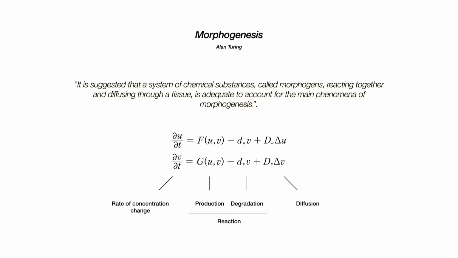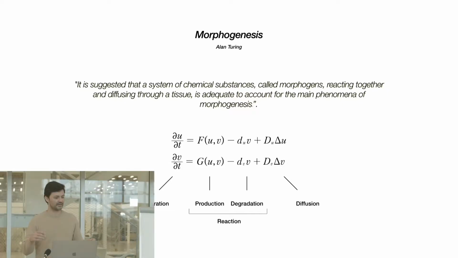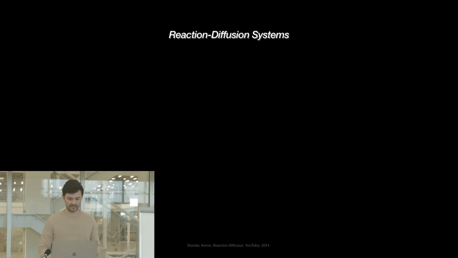When you simulate such equations on a computer, this led to the development of algorithms called reaction diffusion systems, and they're often exploited in design today. You will immediately recognize what this is about, with the purpose of mimicking natural looking processes. And let me show you how they look.